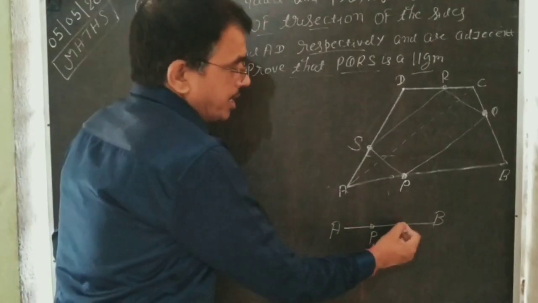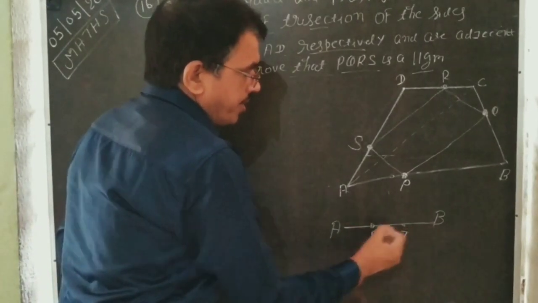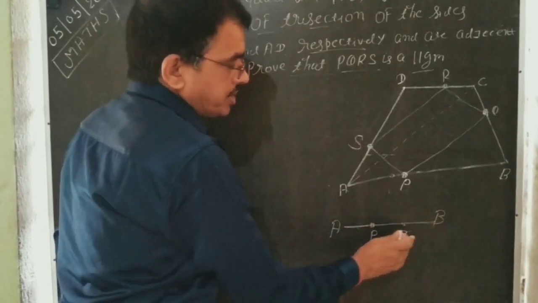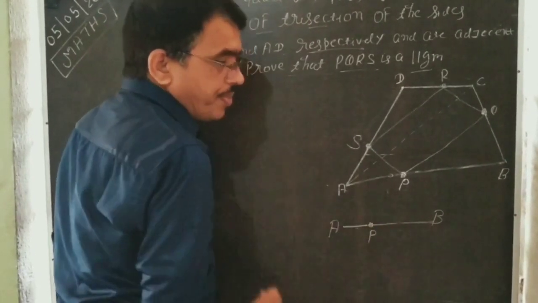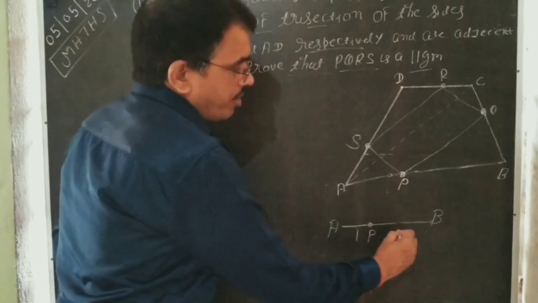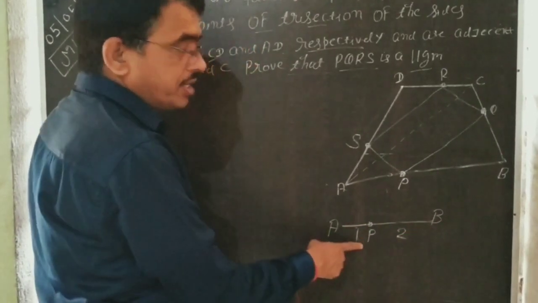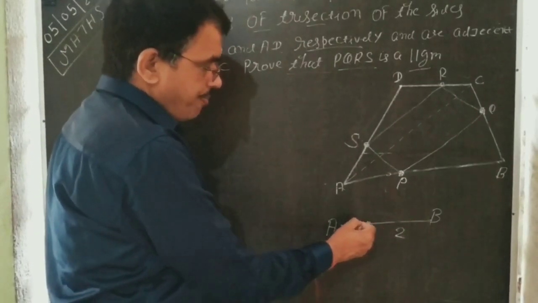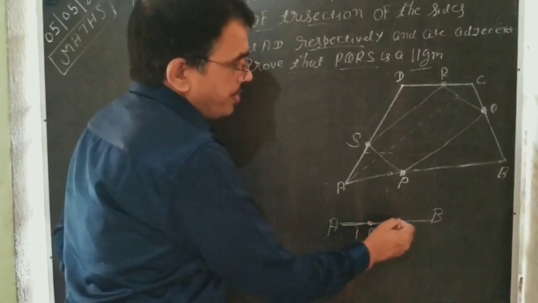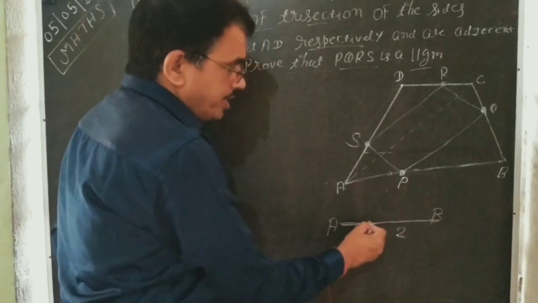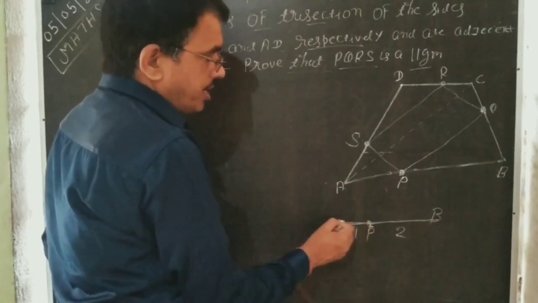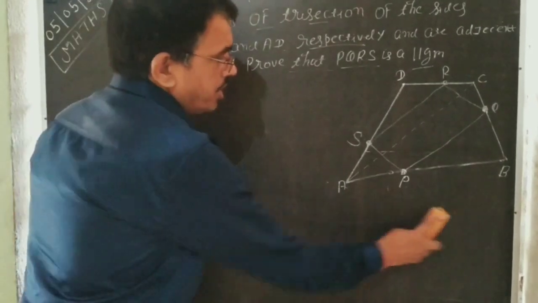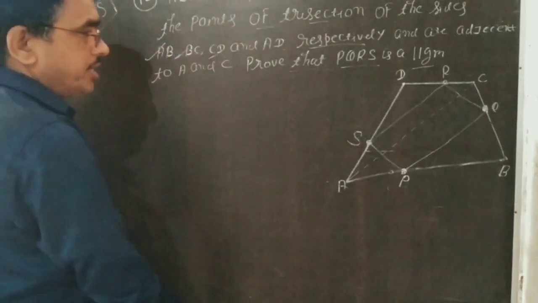Suppose here is a point T, then P and T divide it into three equal parts, but in your question only P is given. That means this is one part and this is the two parts. It is also called a trisection. If point P divides AB with AP as one part and PB as two parts, then this point is said to trisect the side AB.